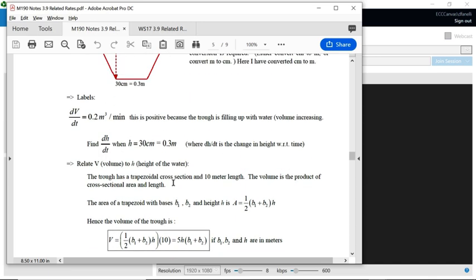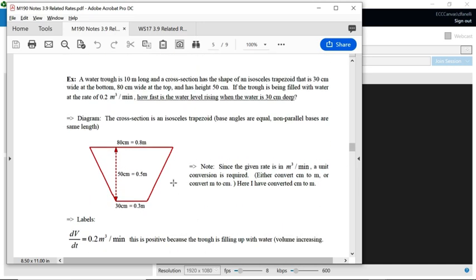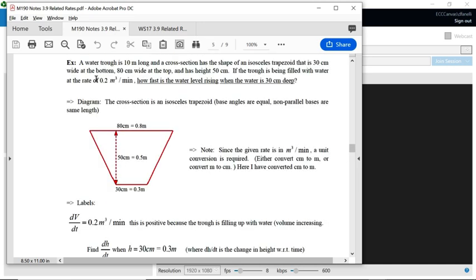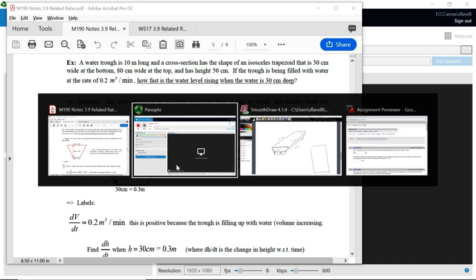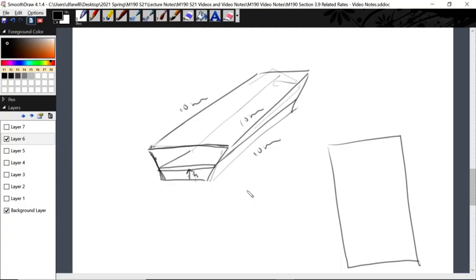And we want to relate that height to given information about the change in the volume. Well, how does the volume of our shape relate to the height of the water? We should visualize this thing again in 3 dimensions.